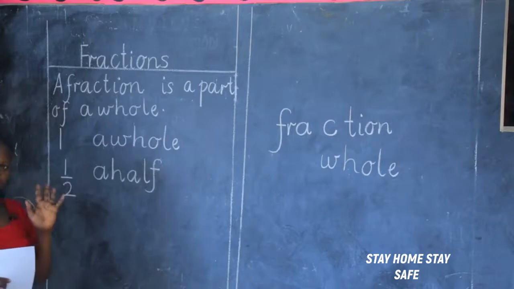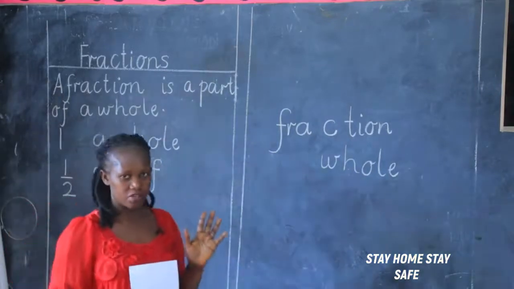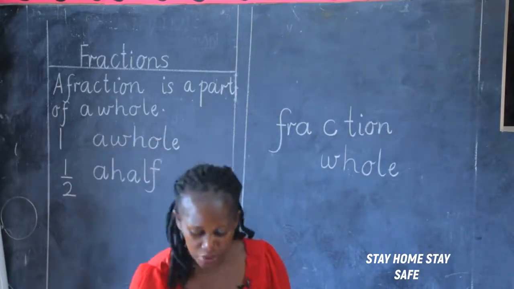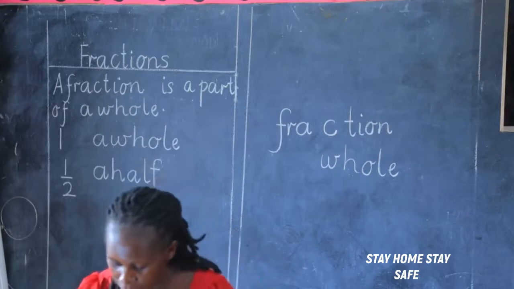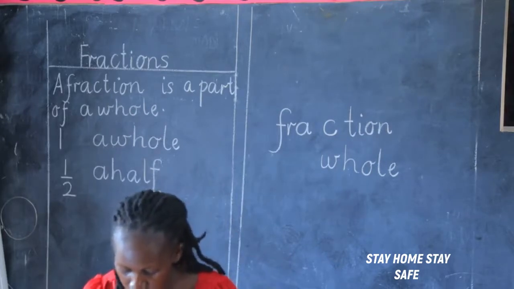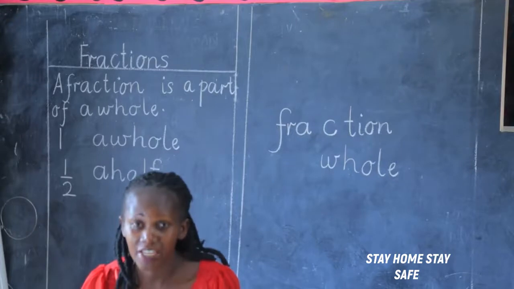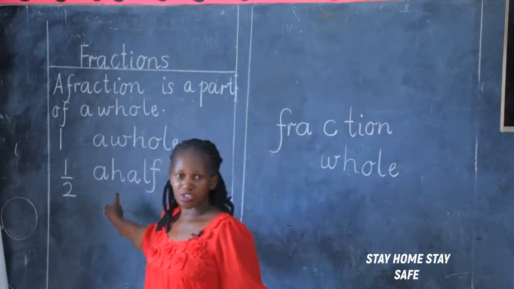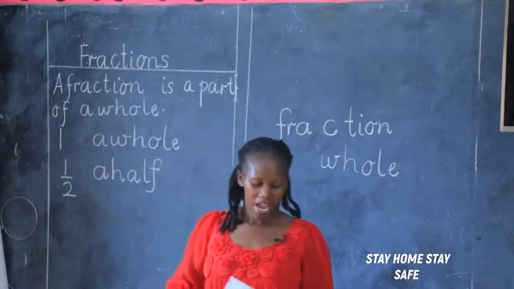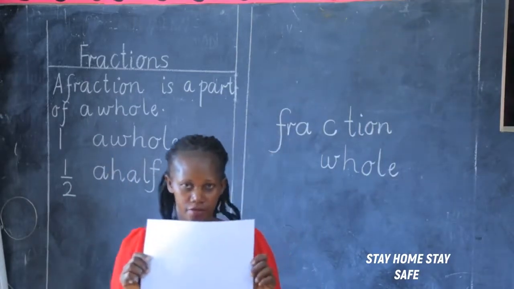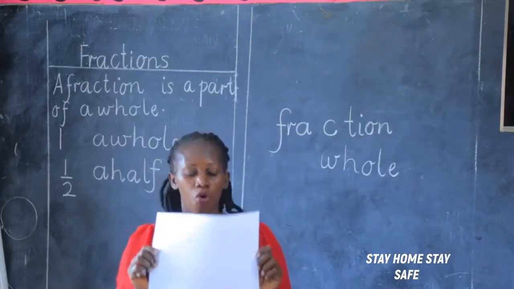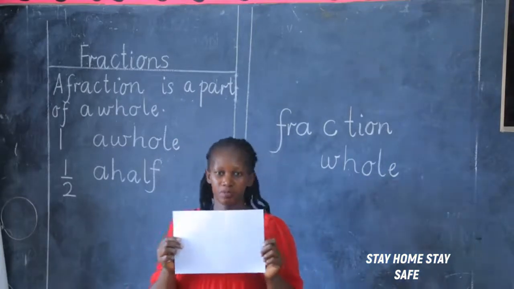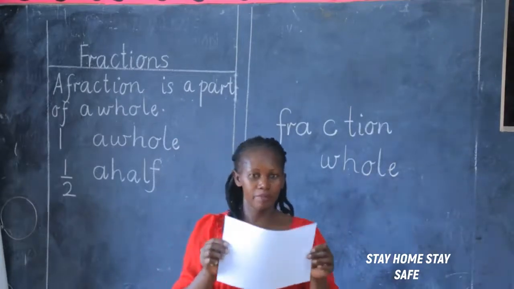I'm going to still make more fractions. Okay? I'm going to have another fraction. And mind you, I get fractions from a whole. Each fraction I get from a whole. I have another whole here. Guess what fraction I'm going to get from this whole? You don't know. So let me make my fraction.